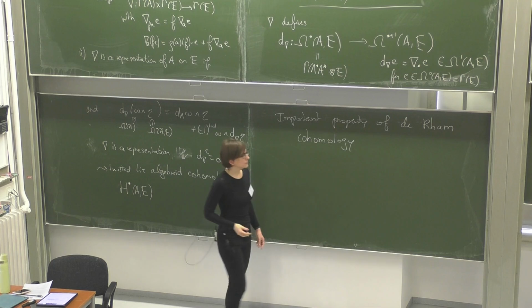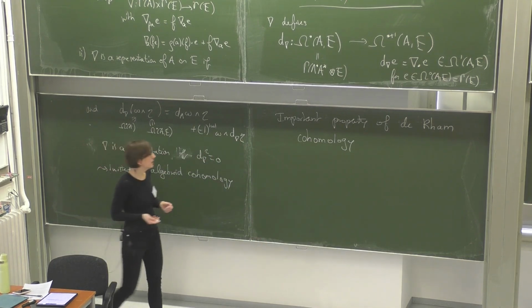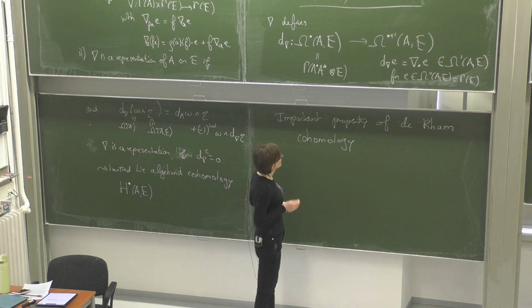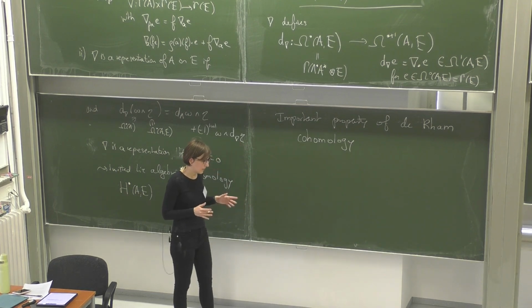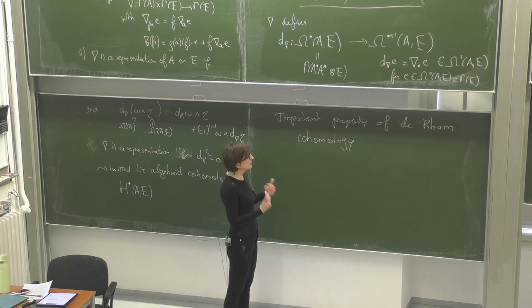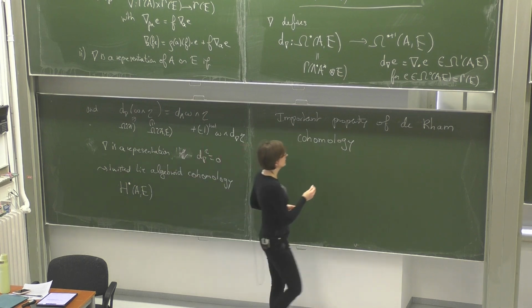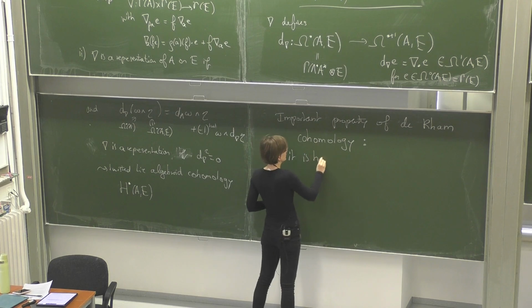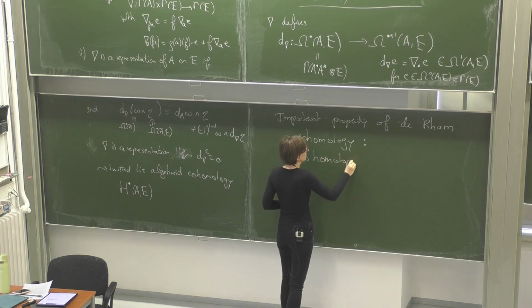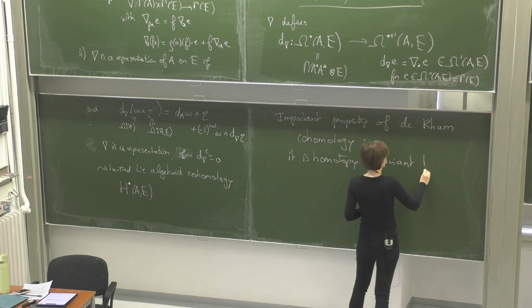So if you have two homotopy equivalent manifolds, they will have the same de Rham cohomology. Or if you have homotopic smooth maps between manifolds, they define the same morphisms in cohomology, right? So it is a homotopy invariant.